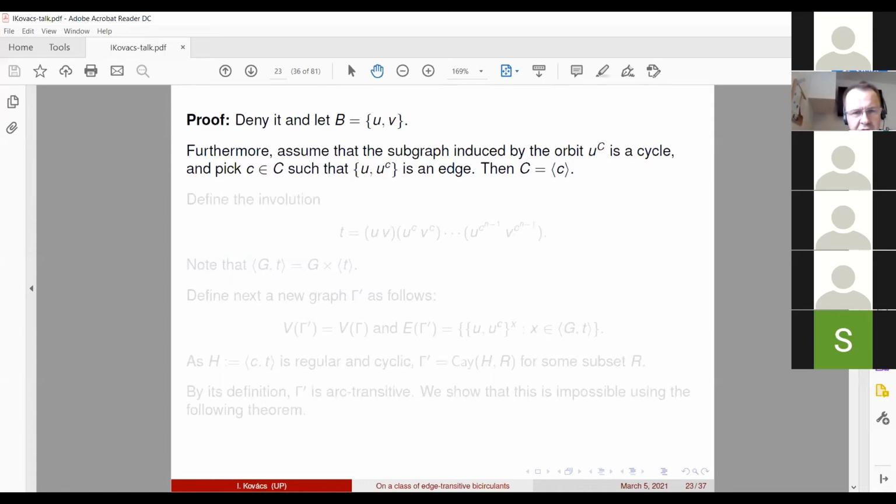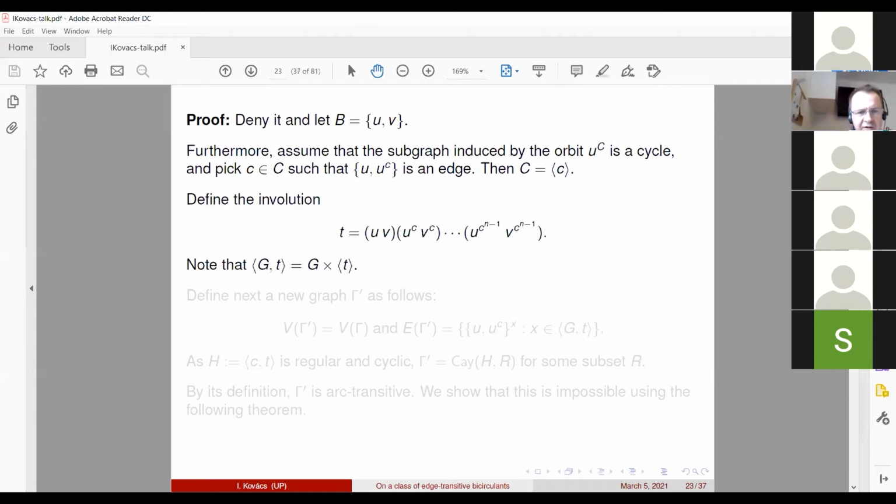So this is a block which contains two vertices, U and V. Further assume that the subgraph induced by the orbit containing U is a cycle, and pick an element C in the group such that UC is an edge. Of course, such an element C should generate the whole cyclic group.